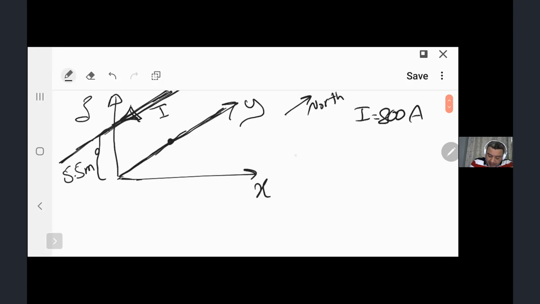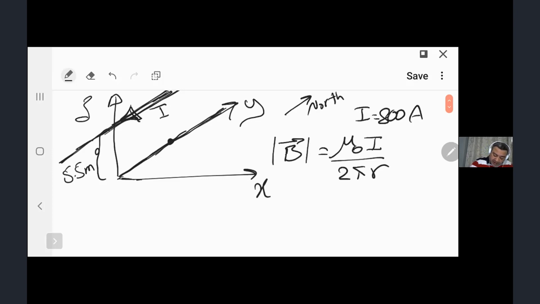So if I want to calculate the magnetic field, I need to put my magnetic field equation. The magnetic field for the infinite wire is mu naught I divided by 2 pi r. We said r is the radius, and right now this radius is 5.5 meter.